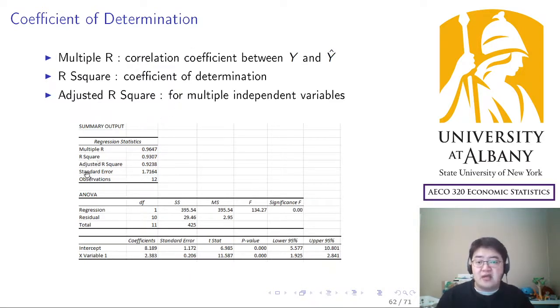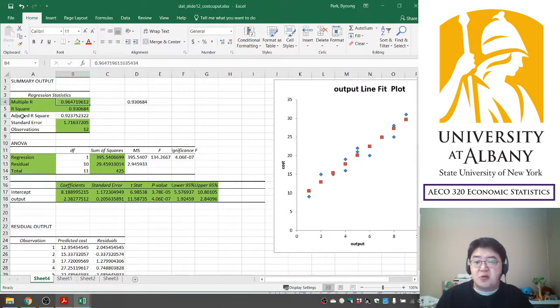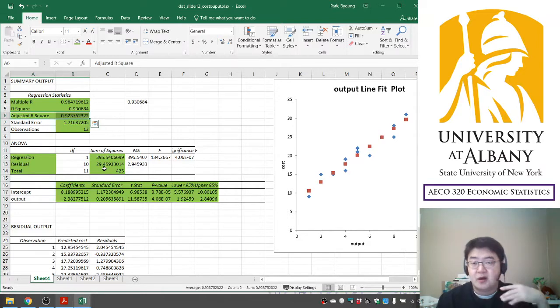Then what is the adjusted R square? As you can see, it adjusts something. What does it adjust? It adjusts for additional variables. So I considered only one variable, like education only to explain hourly wage, or output only to explain total cost.